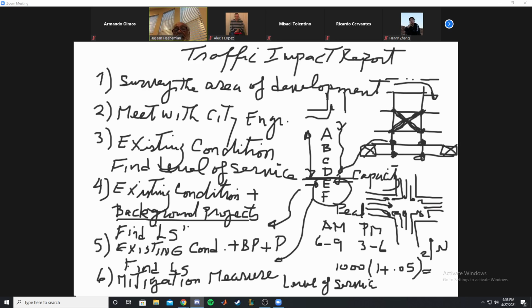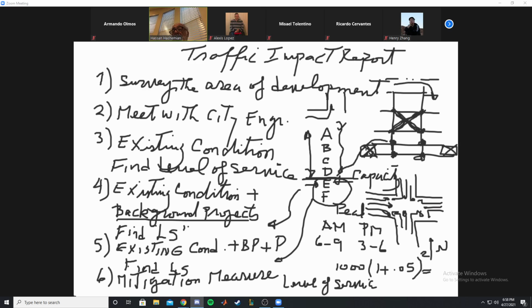But on these steps that we are talking about, for instance, existing condition plus background project, if there is a project here, to know how much this project contributes to the traffic on the network, you have to go through those 4 steps that I talked about for the last 2-3 weeks.